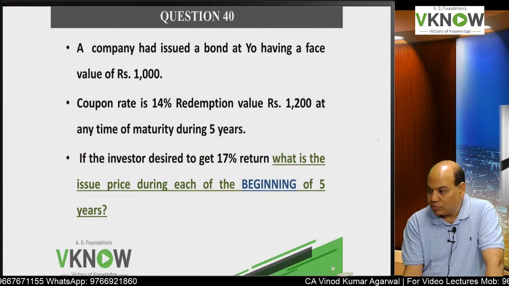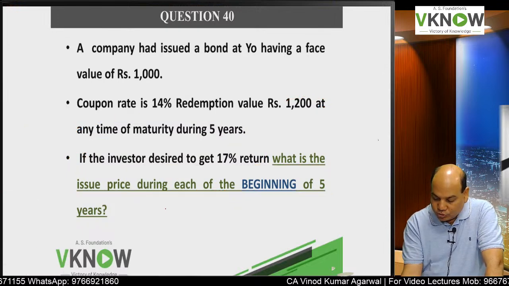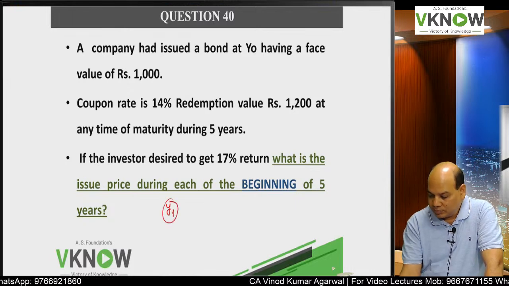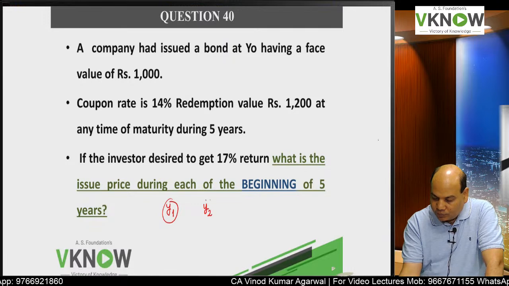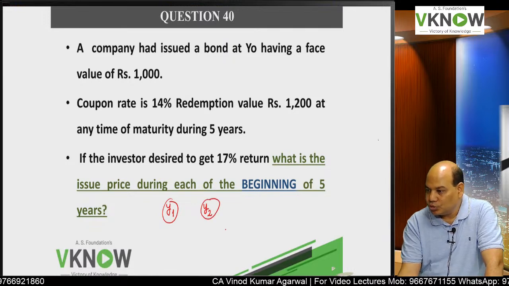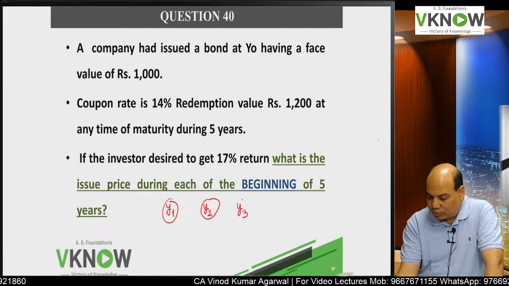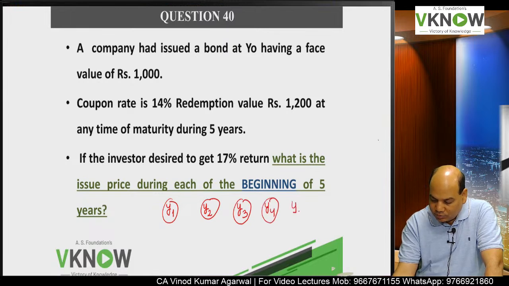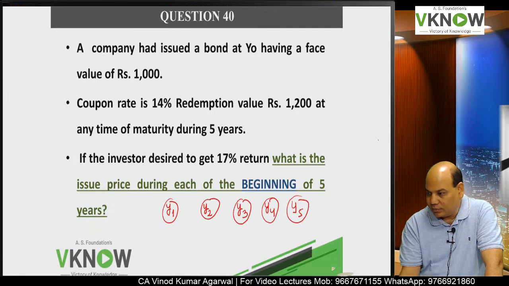So how many times you have to solve? You have to solve what will be the value of the bond at the beginning of year 1, year 2, year 3, year 4 and year 5.